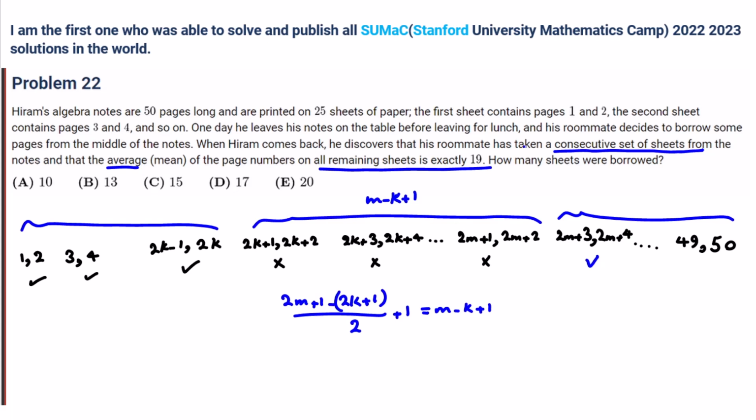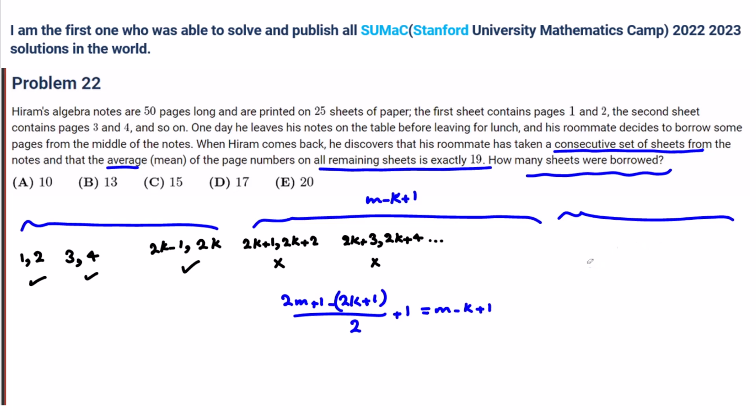Now, but one thing, it says how many sheets were borrowed. Because it says these, so let's do something. Instead of m, I want that this one be variable. It's better that the thing that the problem wants be a single variable. But here, you should find m minus k plus 1, right? So I decide to do what?